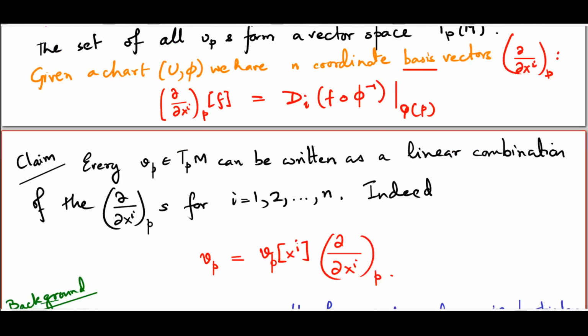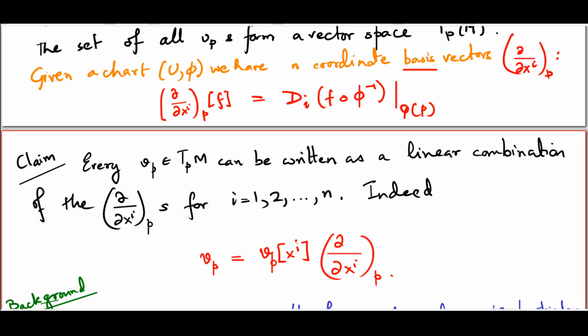It's actually Vp acting on the ith coordinate function, that of course yields a number, times del xi p. Of course, the sum over i here is assumed. We are using the summation convention throughout, unless of course otherwise mentioned.